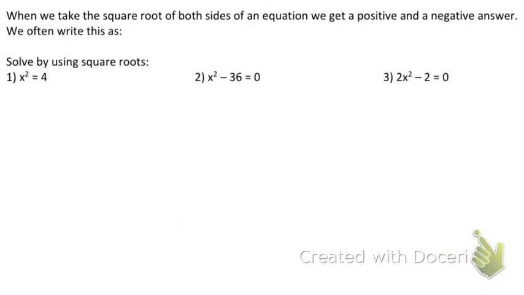All right, we talked about this part a moment ago. When we take the square root of both sides of an equation, we get a positive and negative answer. So, for example, if we had x squared equals 16, I want to square root x to get rid of the square. What's happening to x? It's being squared. How do I undo that?